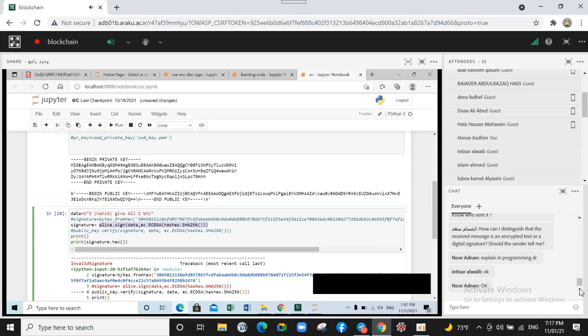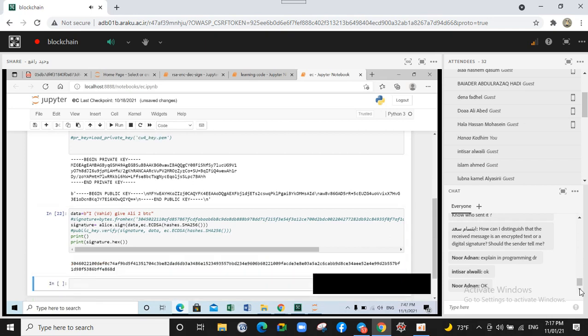This command generates a digital signature using Alice's private key. So I print the signature. This is the digital signature.